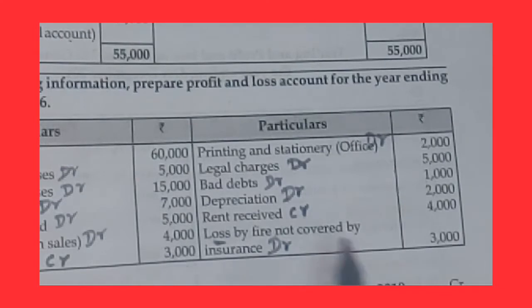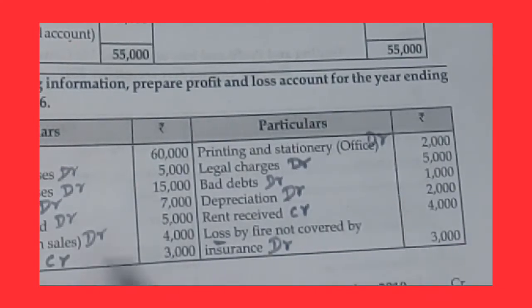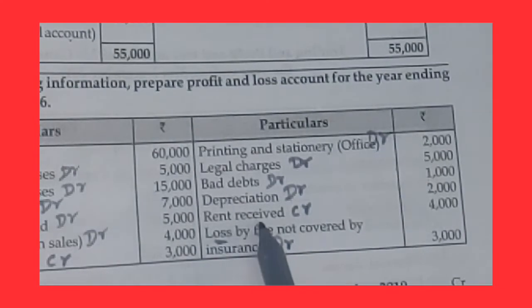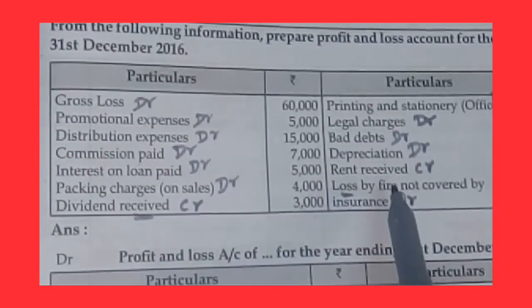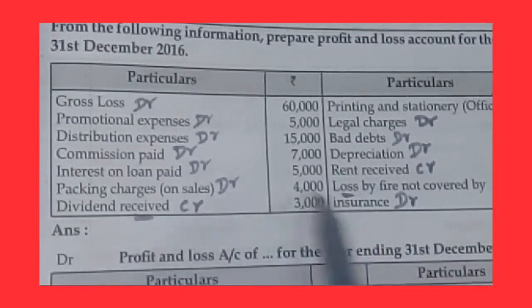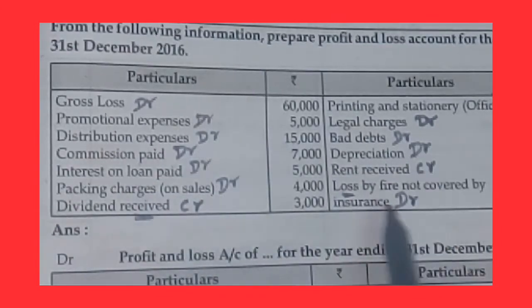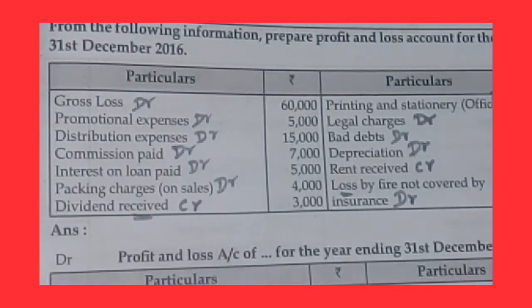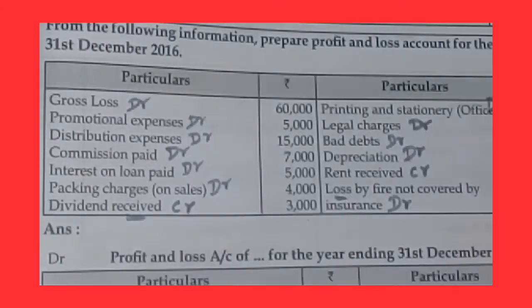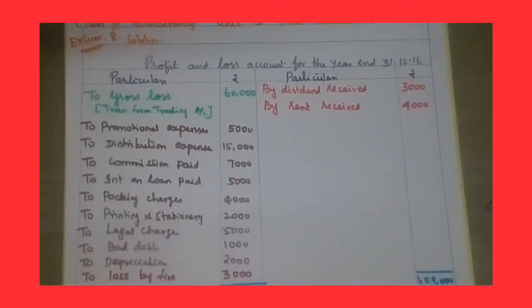So இப்போ பார்த்தீங்கன்னா credit sideல appear ஆகிறது dividend received and rent received. Only these two items will appear in the credit side, whereas debit sideல மீதி எல்லாமே நமக்கு வந்துரும். Okay, so இதை நம்ம debit and credit பிரகாரம் போட்டுட்டு we are going to balance it. Okay, so you are clear why we are debiting all these expenses and why we are crediting the incomes.